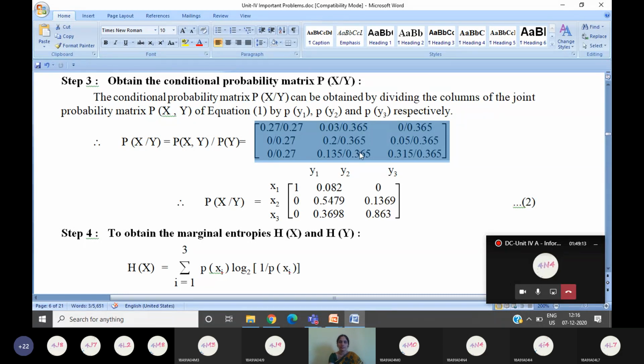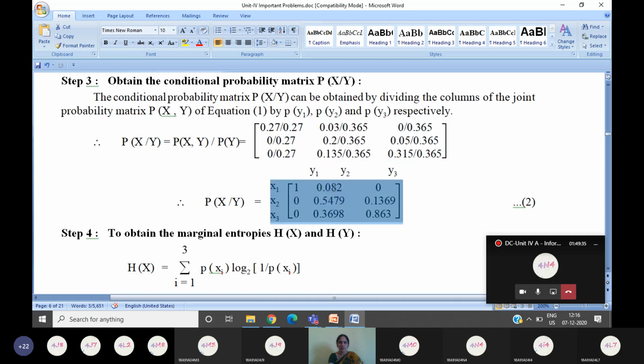Next, the third column of P of xy is divided with the third element, that is P of y3. Accordingly we will divide. Next, 0.27 divided by 0.27 is 1 and the other two are zeros. Next, 0.03 divided by 0.365 gives 0.082. Check, you can check.